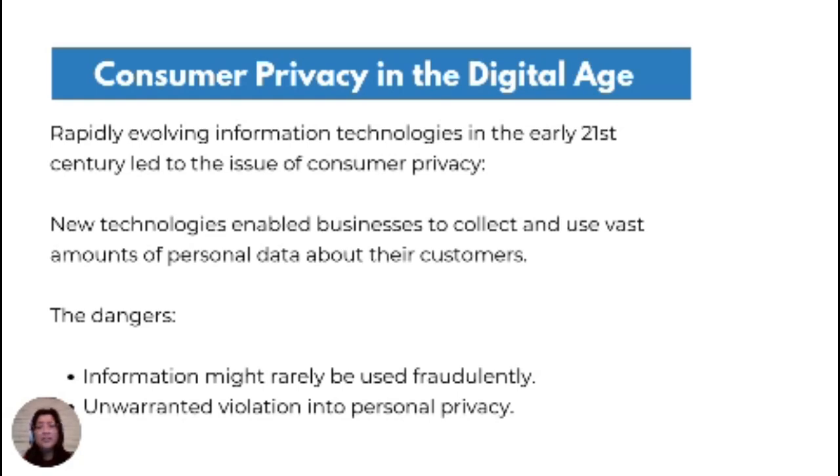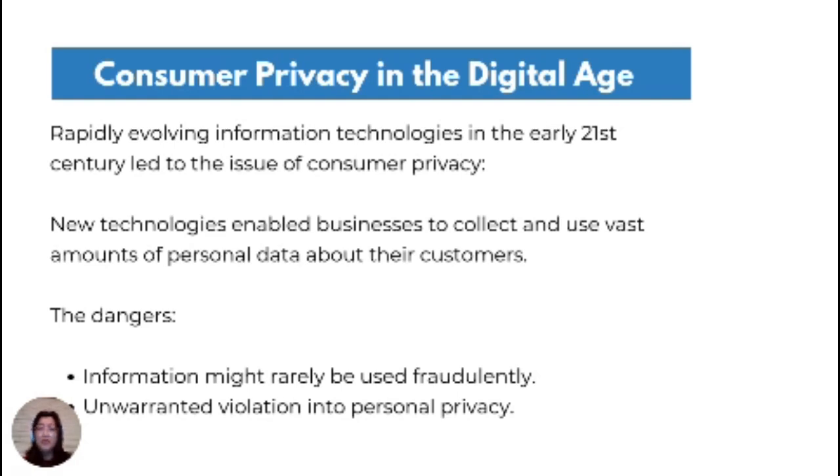So, what are the key concerns of this issue? Number one is fraudulent use of information. Personal data such as credit card numbers, addresses, or social security information can sometimes be stolen or used fraudulently.